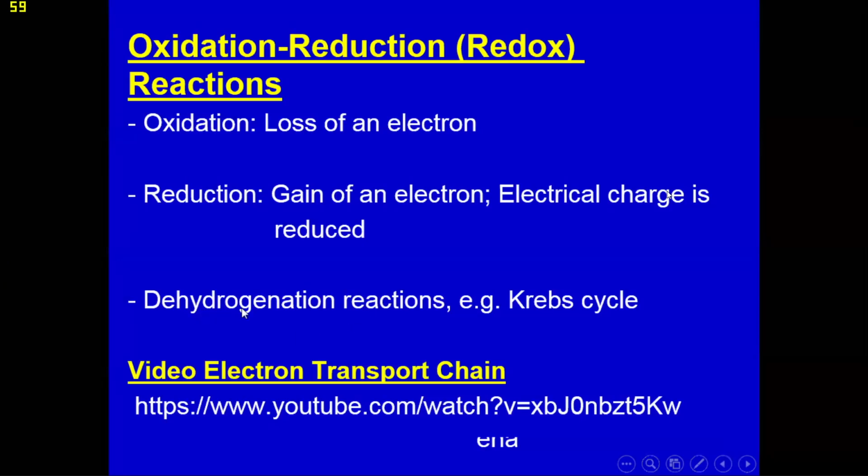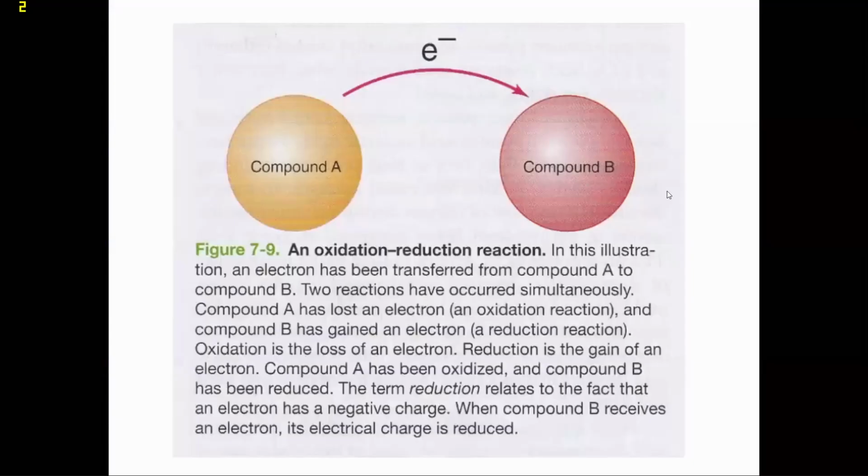Dehydrogenation reaction, dehydrogenation, removal of hydrogen. A Krebs cycle you have seen in the figure how hydrogen is removed to make NADH or FADH. I have put to you video here for electron transport chain. It's very nice video. If anyone interested in this process, you can see video only for a few minutes. You can see here simplified figure for oxidation reduction reaction.